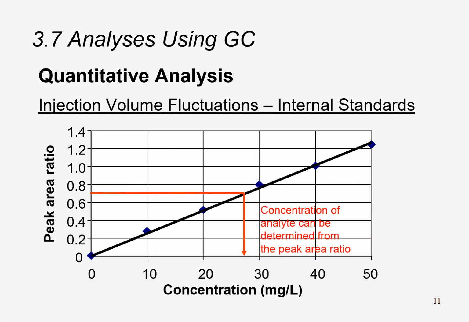So on the y-axis of the calibration curve, I will plot the peak area ratio against concentration on the x-axis, and what I should observe is a reasonably linear line where, despite the injection volume fluctuations, I can get very accurate results.